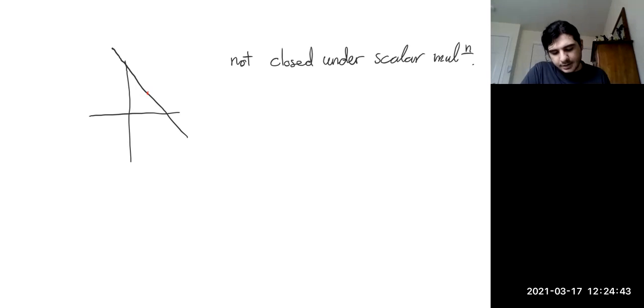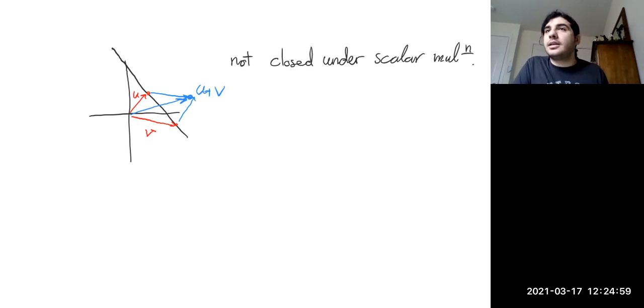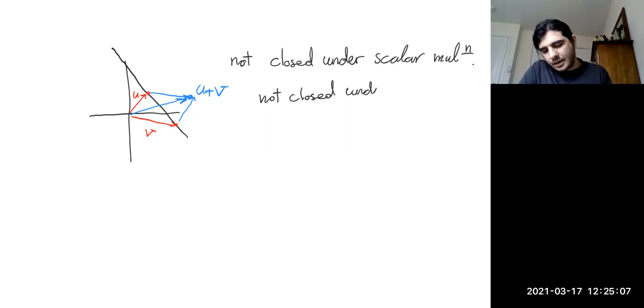I take u here and I take v here. I guess you remember from calculus, one way to compute u plus v is this method. U plus v would be here, and as you can see, it's not really in the affine space. So an affine space is not closed under addition.